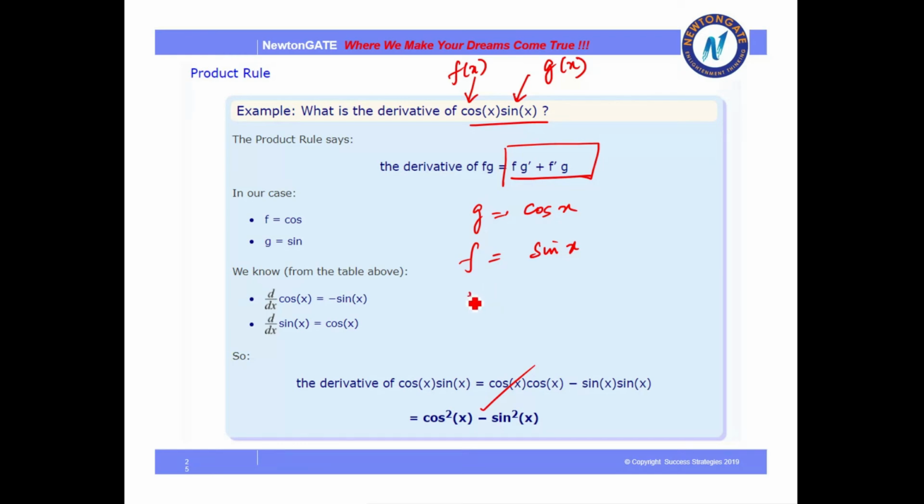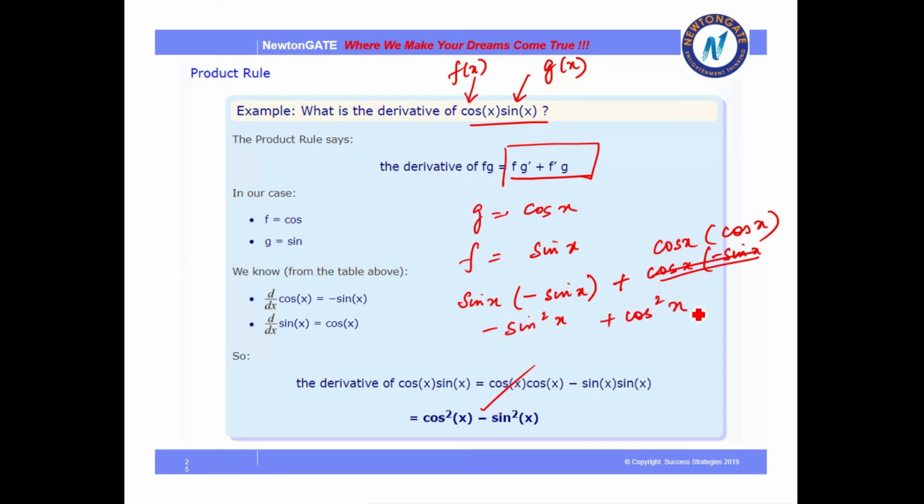Okay, so sin x, now cos x is minus sin x plus cos x minus sin x. Sorry, f' is cos x into cos x. So minus sin square x plus cos square x. So technically we are getting the same result.